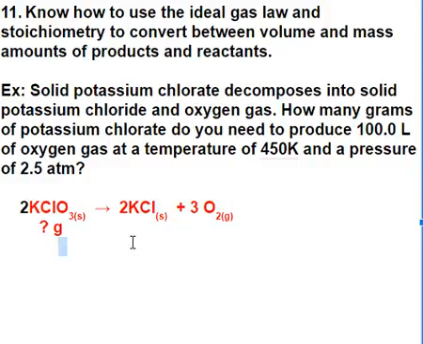If I want to produce 100 liters of oxygen gas, at a temperature of 450 K, so it's already converted for me, so don't add 273 to it, and a pressure of 2.5 atmospheres. So if I look at what I've been given, this is volume, this is temperature, and this is pressure.